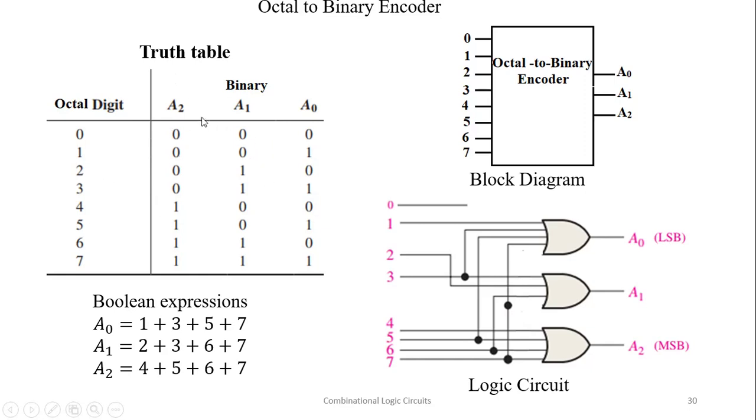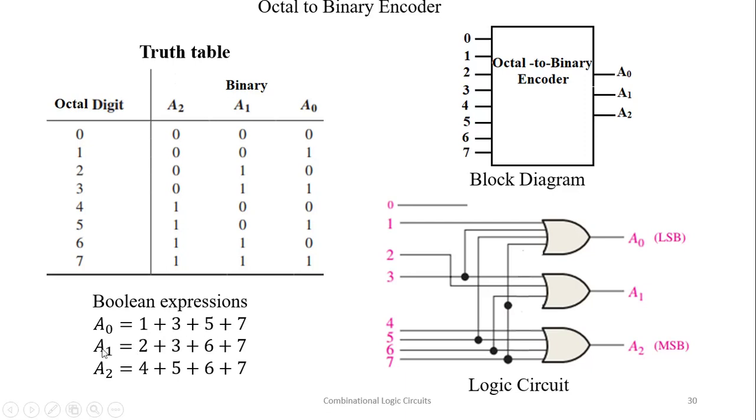The Boolean expression for A0: A0 is active for this line, this line, this line, and this line, so we sum them: 1 plus 3 plus 5 plus 7. This is basically an OR operation.